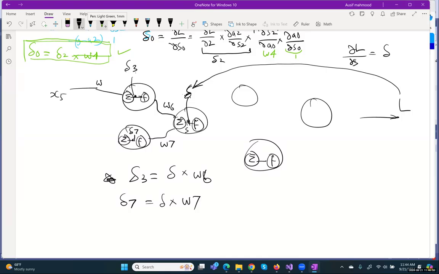Now let's say over here there is some input X5. This is some W9. If you were to calculate in this example partial L over partial W9, how would that be related to this delta 3?